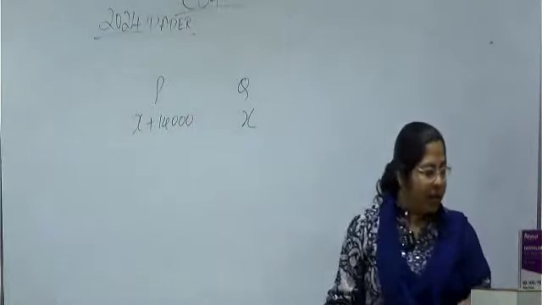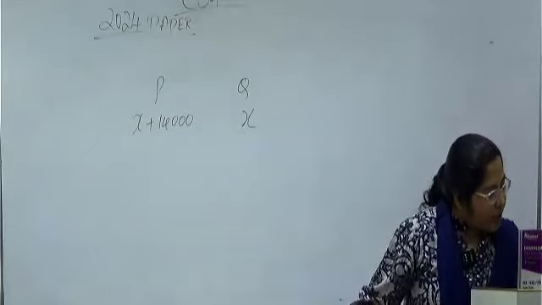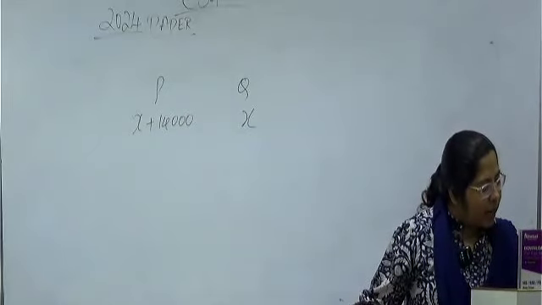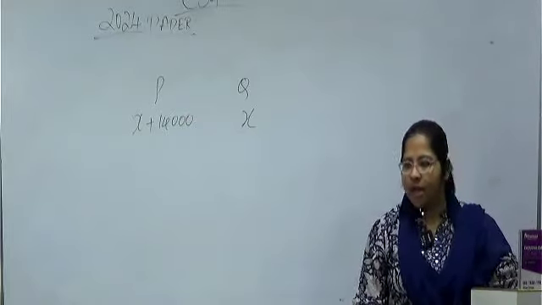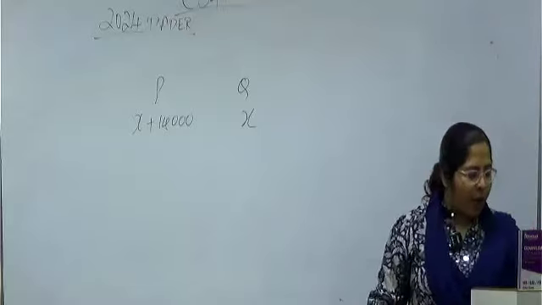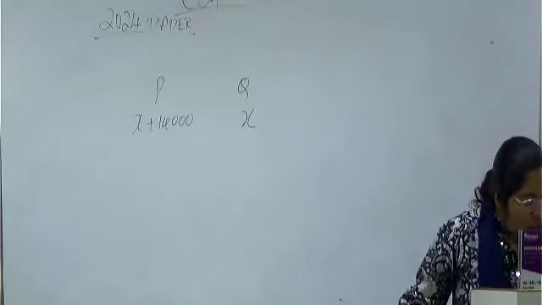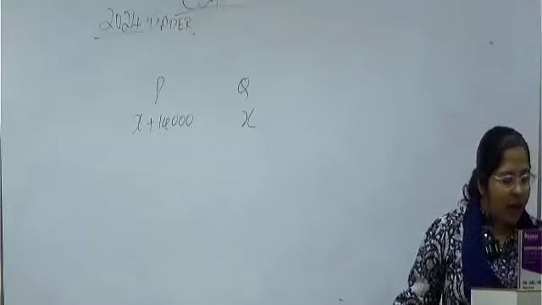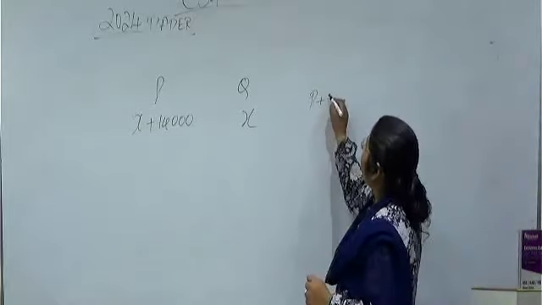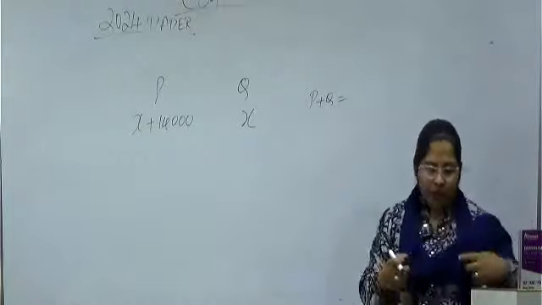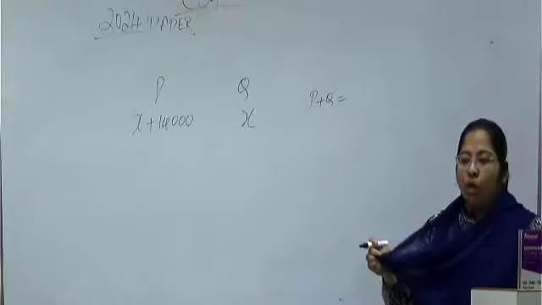It's also given that P has invested for 8 months and Q for 10 months. Whenever you want to calculate profit, you should also multiply by the number of months they are involved. It says P's share is 400 more than Q's share. That means, can I write like this? P plus Q is how much? 2,000, the total profit.